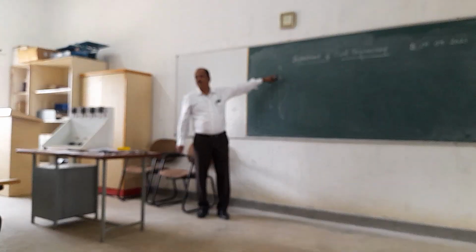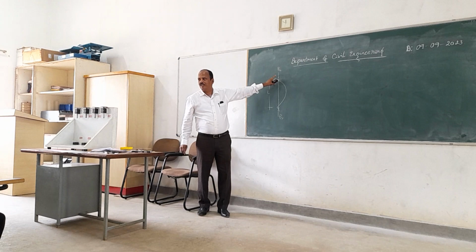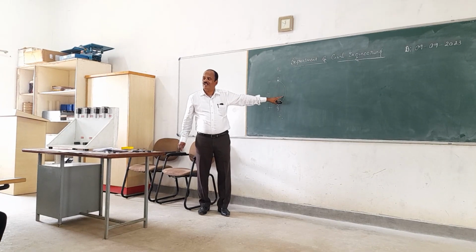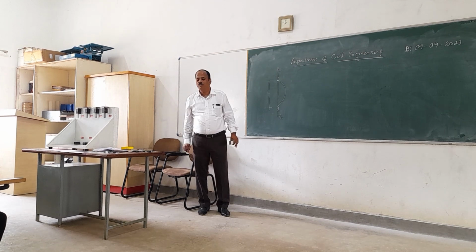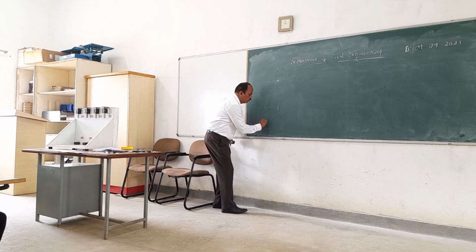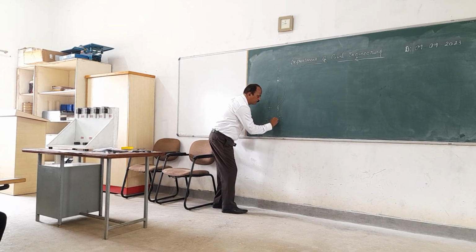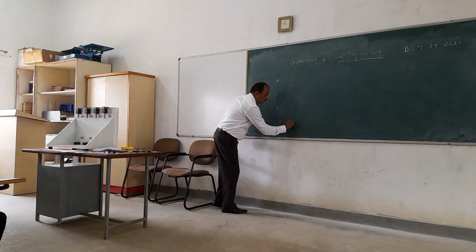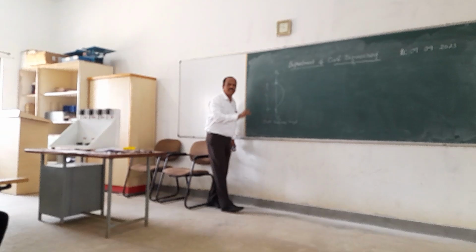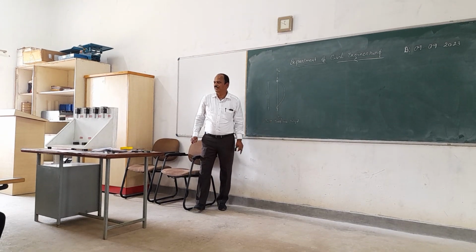Now, P_cr is nothing but the minimum compressive load at which this column just starts to bend. That minimum load in general we call the crippling load. Here the first condition is both ends are hinged. This is the nature of buckling.